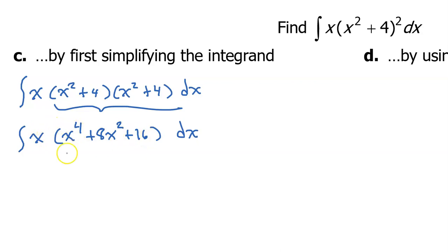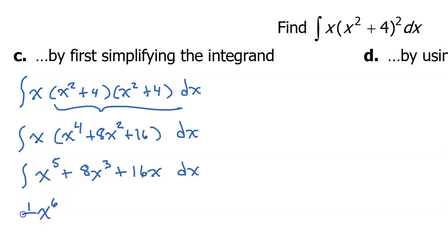Now let's distribute the x, so we get the integral of x to the 5th power plus 8x to the 3rd power plus 16x. Now we can do the power rule and integrate term by term. So I'm going to have x to the 6th power, as I increase this by 1. Dividing by my new exponent, I have 1/6.